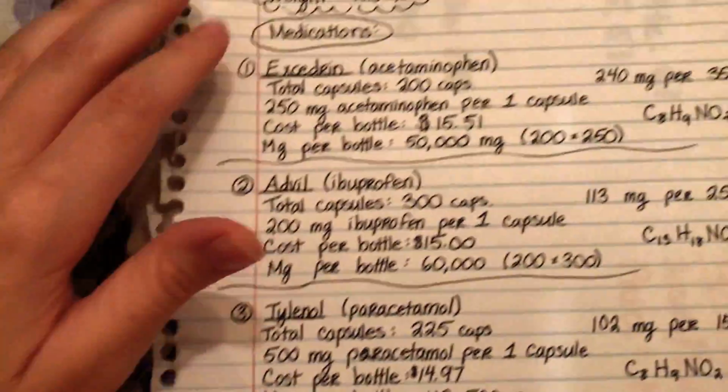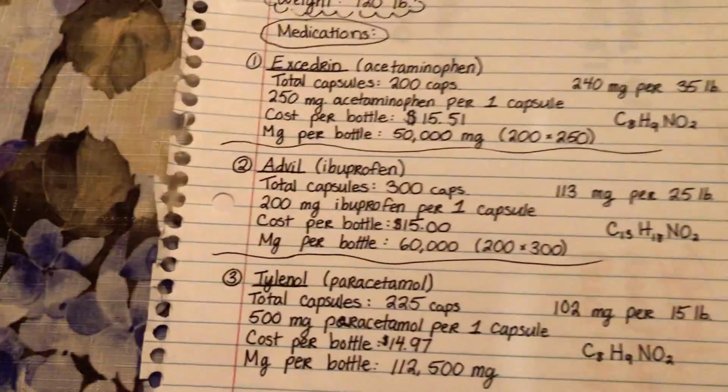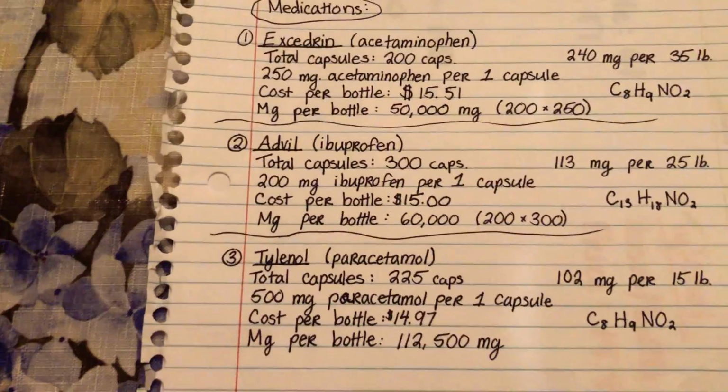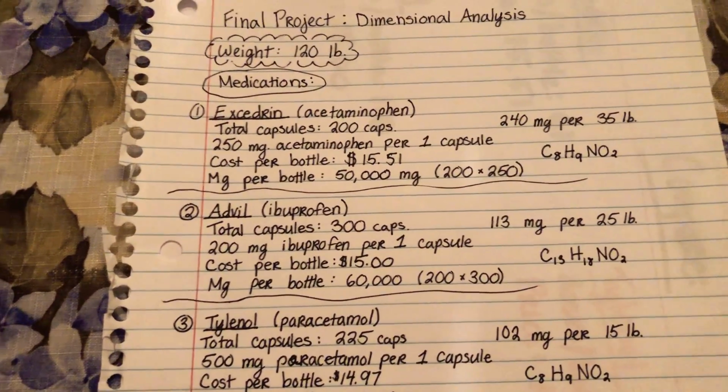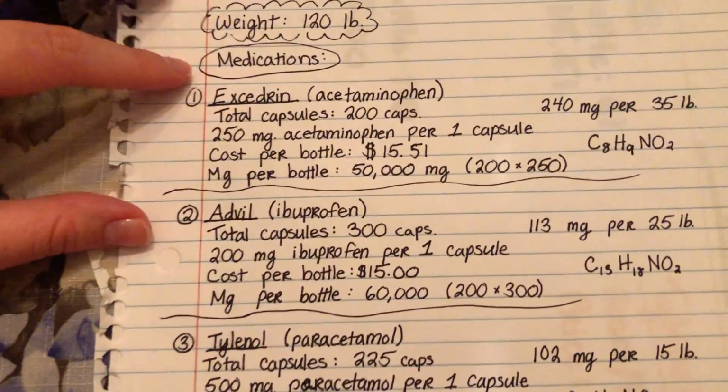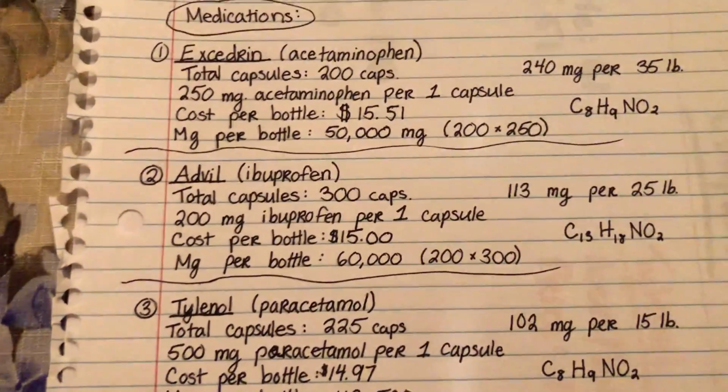I have the 3 medications that I need to cure this headache, and I need to find the cheapest option available that is also the best bang for my buck. The medications I have to choose from: Excedrin, which is acetaminophen.